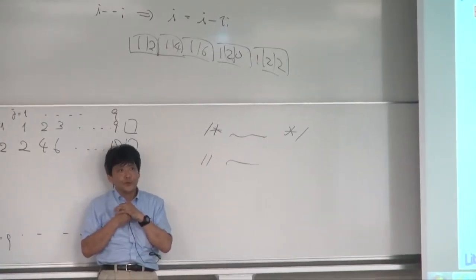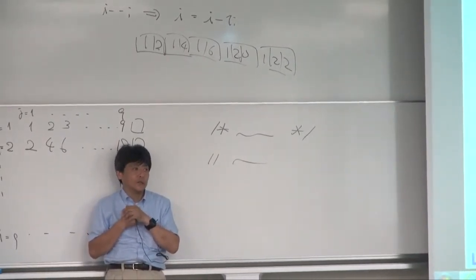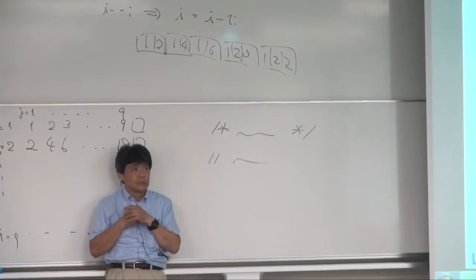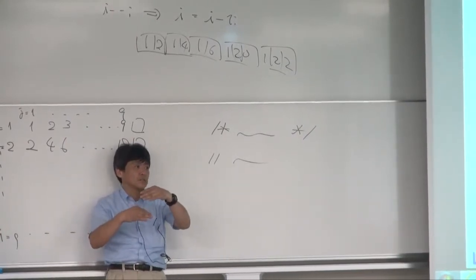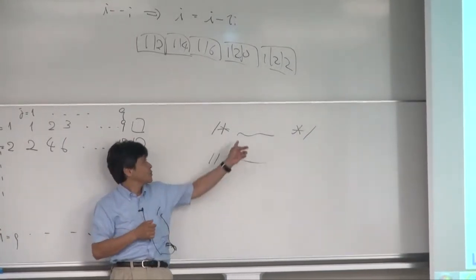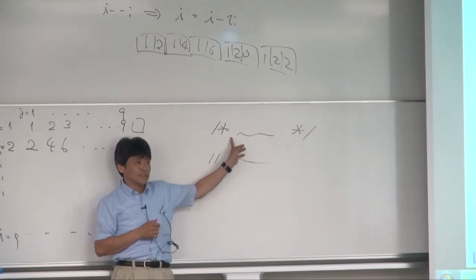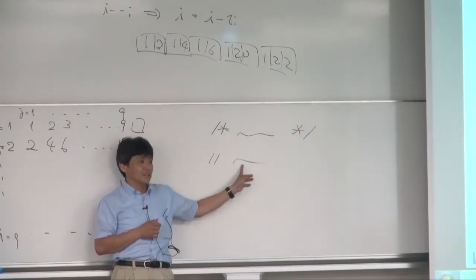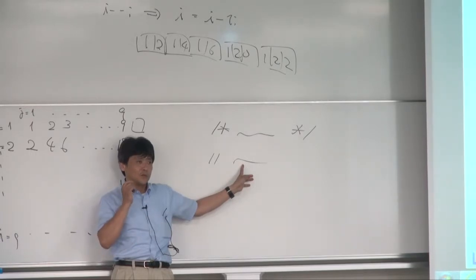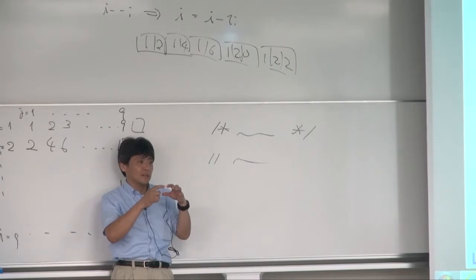For example, if you put a comment that has several lines, in such a case you have to use this type of comment, because with the other type you can put comments only as one line.